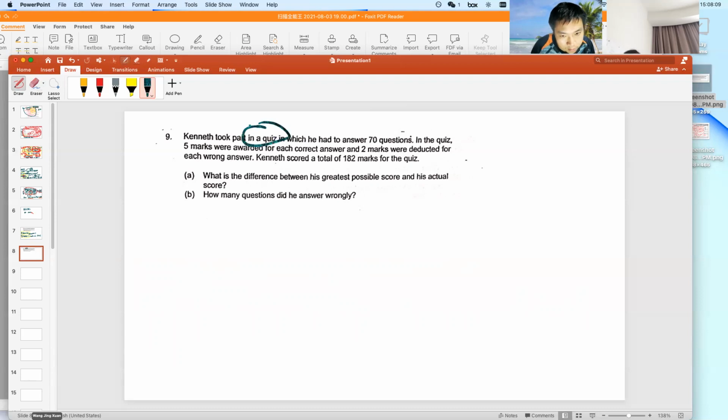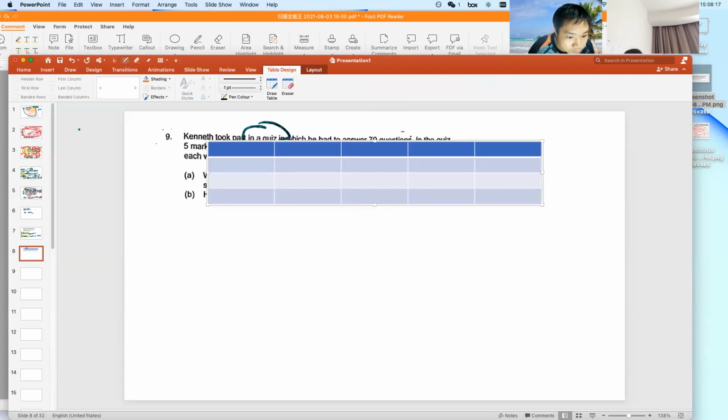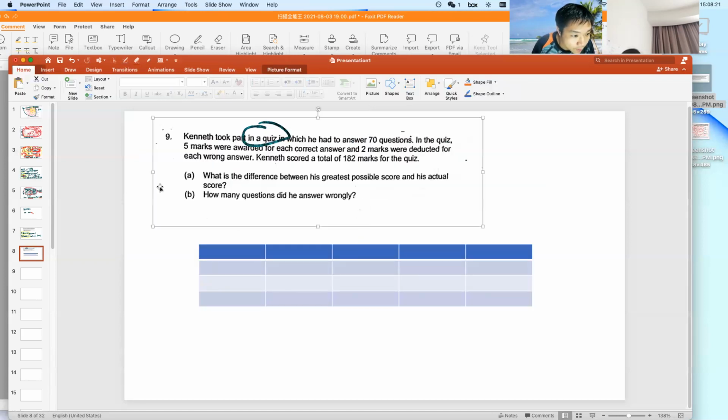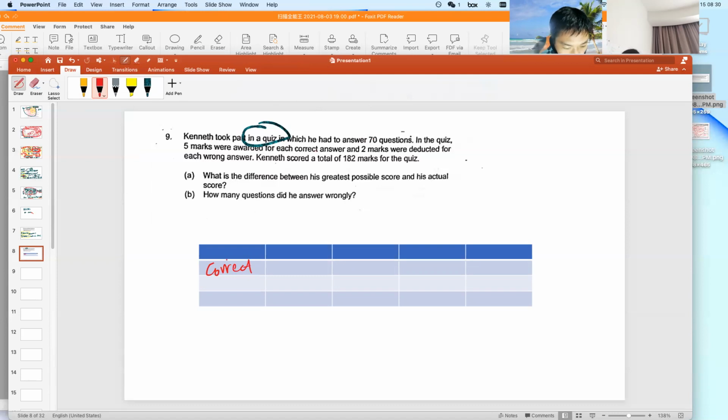we have discussed this type of question before. So what you need to do is create the table first. Now of course you have the correct answer, and you also have the wrong answer.